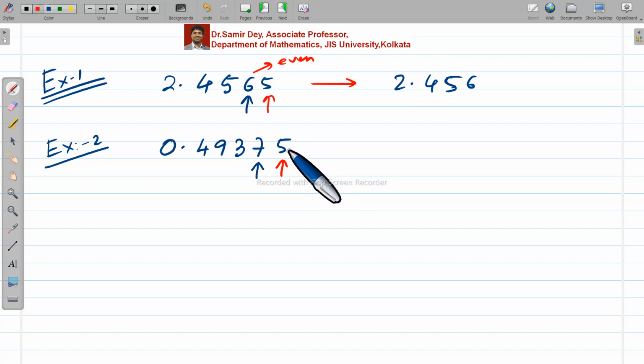Then you need to check the previous one. Here it is an odd number, correct? 7. Then as per the rule, you need to add 1 to this number. That is, your answer will be 0.4938. Is it clear to all of you?